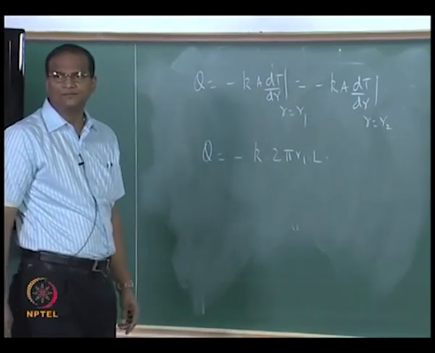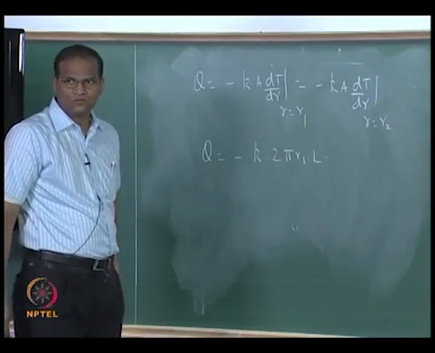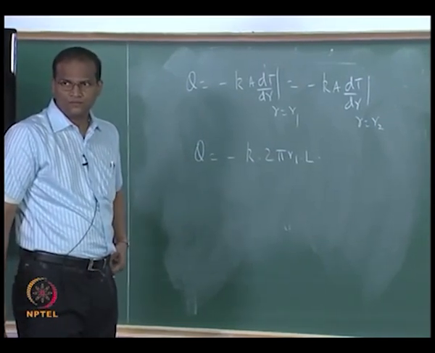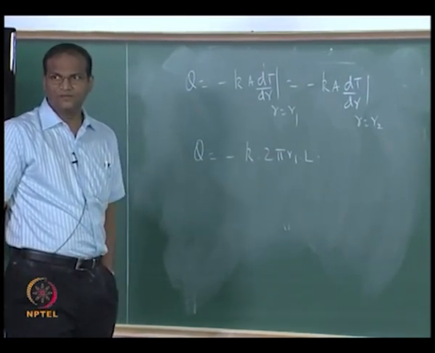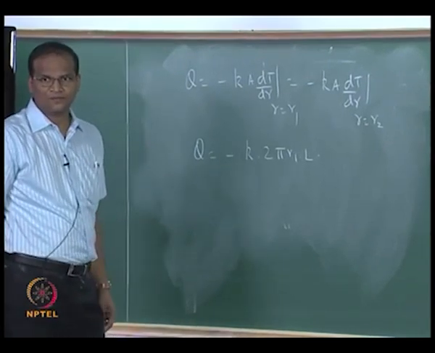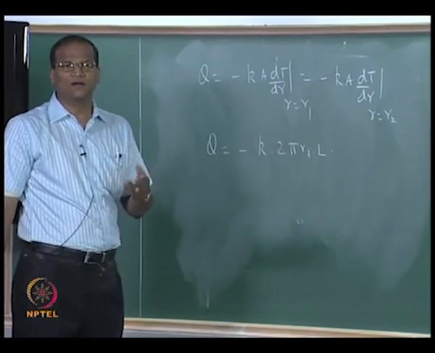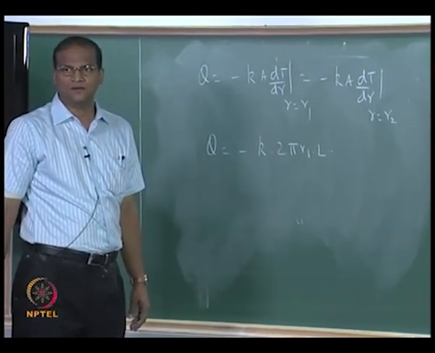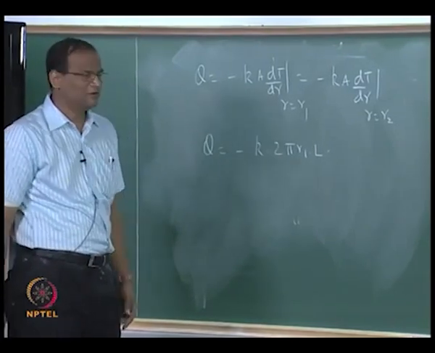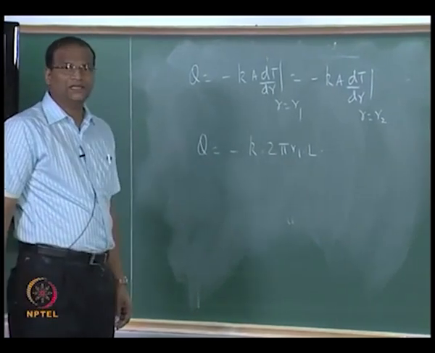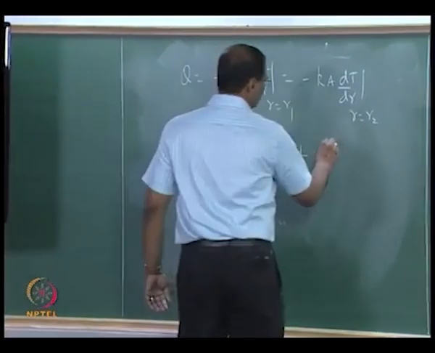A by r. Okay, dT by dr at r1 is A by r1. What is A? T1 minus T2 over ln of r1 by r2.